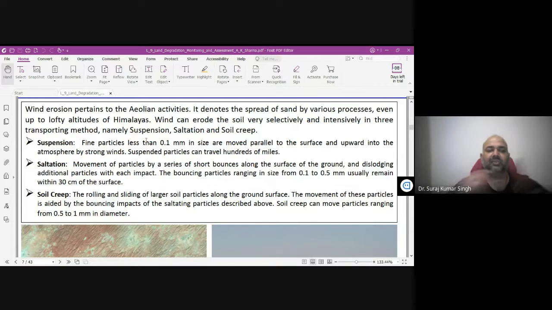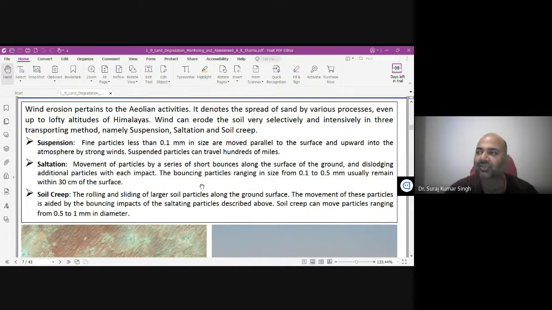We must be knowing what suspension means. Suspension means fine particles less than 0.1 mm in size are moved parallel to the surface and upwards into the atmosphere by strong winds. Suspended particles can travel hundreds of miles.